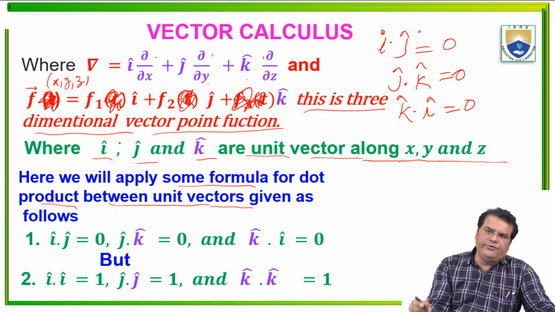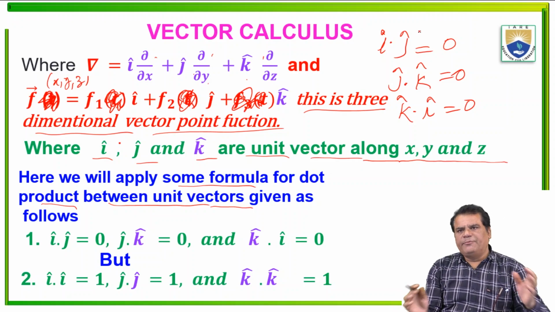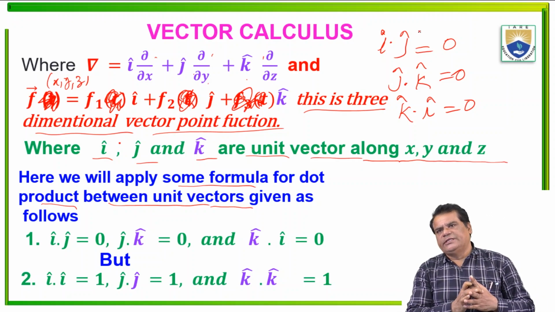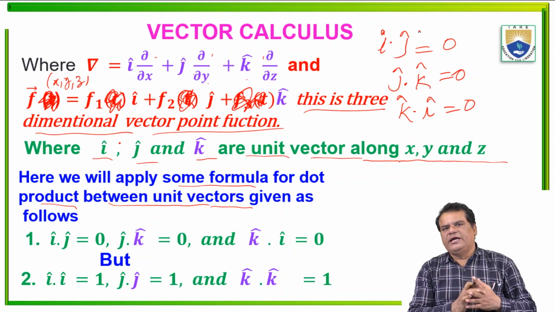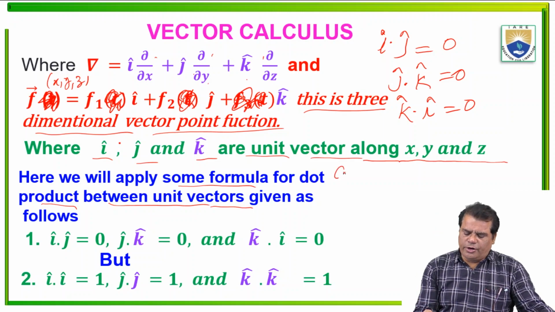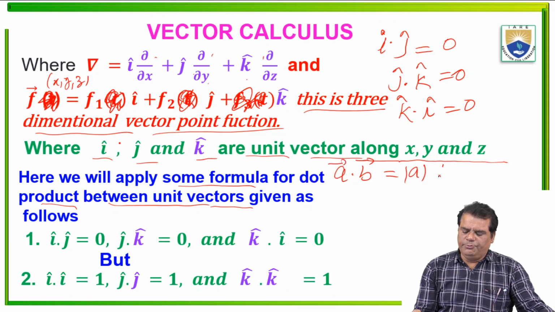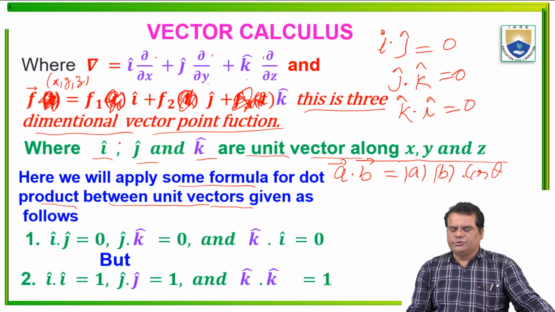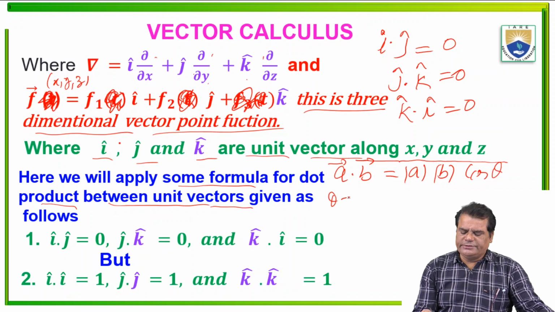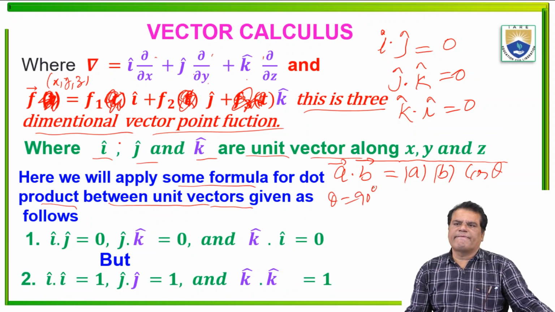These vectors are unit vectors and perpendicular to each other. So we apply the formula A dot B equals the mod of A times the mod of B times cos theta, where theta is 90 degrees here.